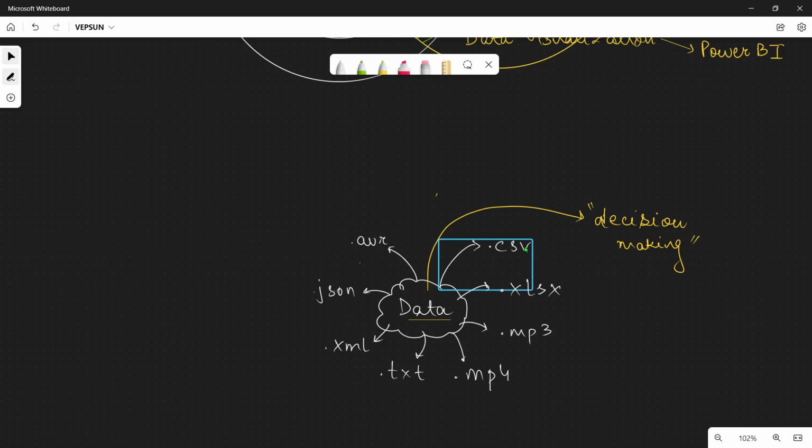Let's say I give you a CSV sheet with 10,000 rows, and I ask you to figure out which person has the highest salary among all these 10,000 people. It becomes a very tedious task, and it becomes a very challenging task if the size of your data is very huge. If you have 50 rows, even then it is going to take time.